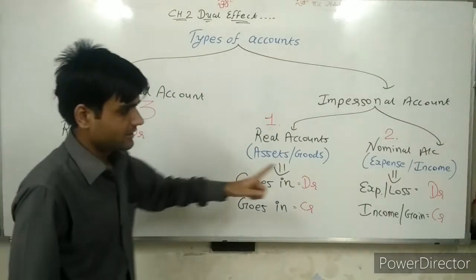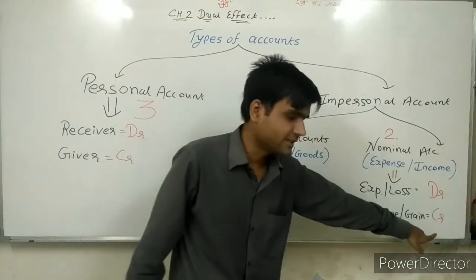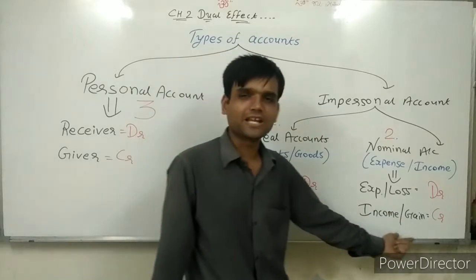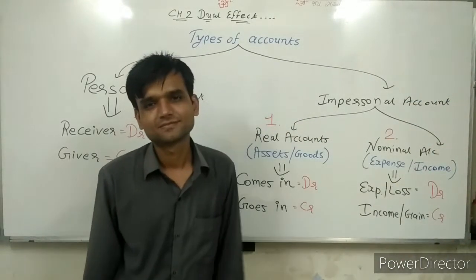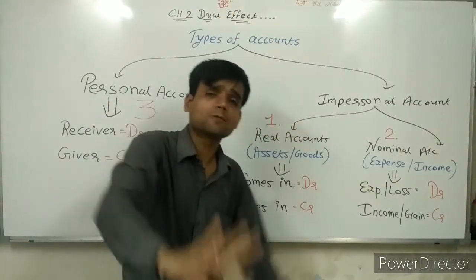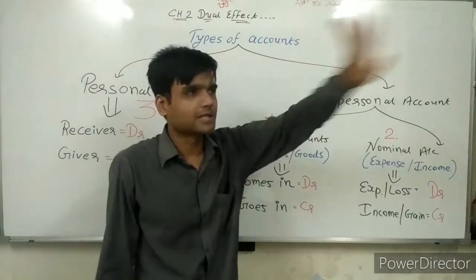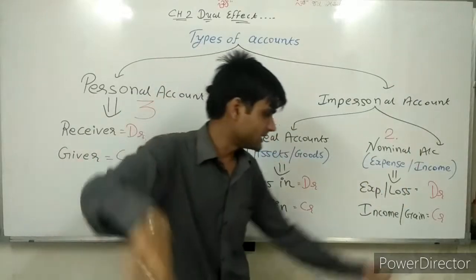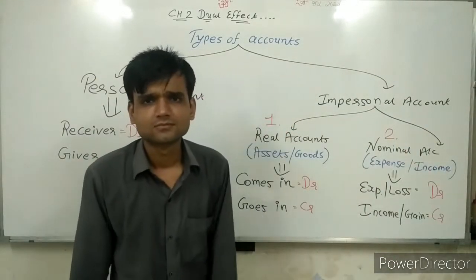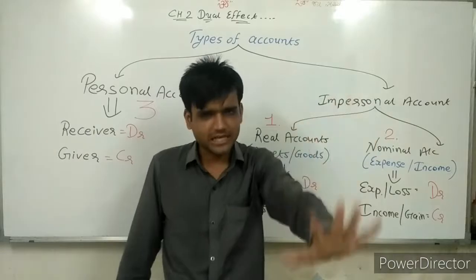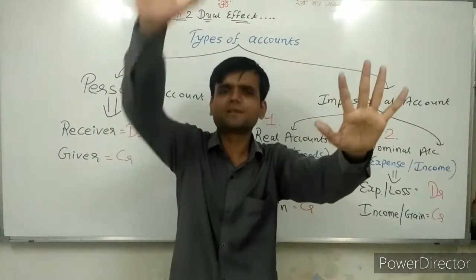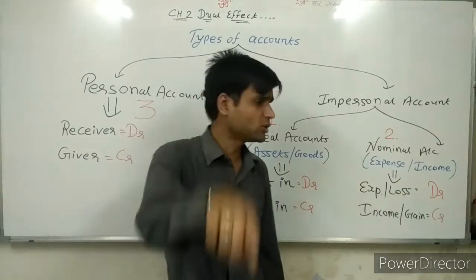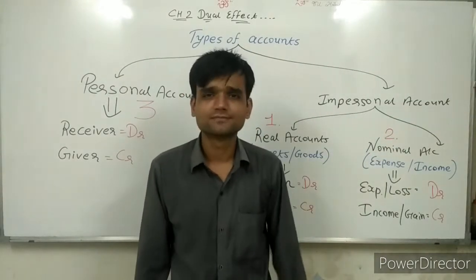Left side debit, right side credit, expense loss debit, income gain credit. So in the first lecture itself it is written: debit side expense, credit side income, debit side loss, credit side gain. So this is the rule for nominal account.